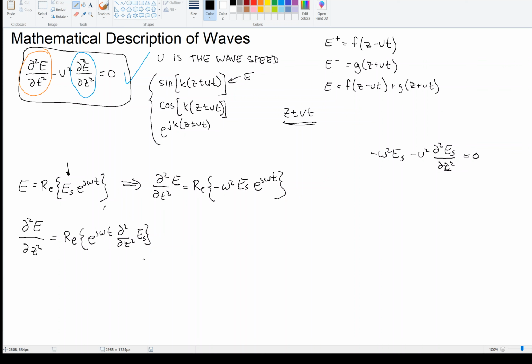Right? That's what the wave equation tells us. And now I can rewrite this a little bit, and I'm going to introduce a new wave parameter. I'm just multiplying by a minus 1 and then rearranging things, and I'm going to introduce beta squared. So what we're saying here is that beta is this new parameter. It's omega divided by u, like that.